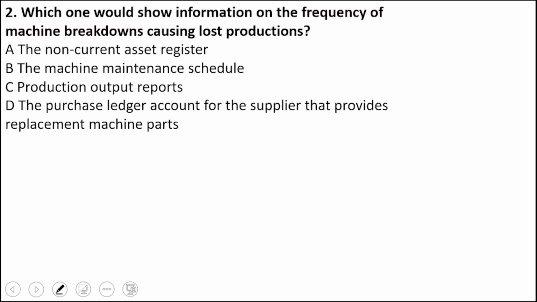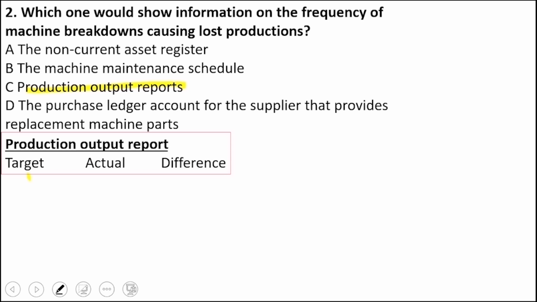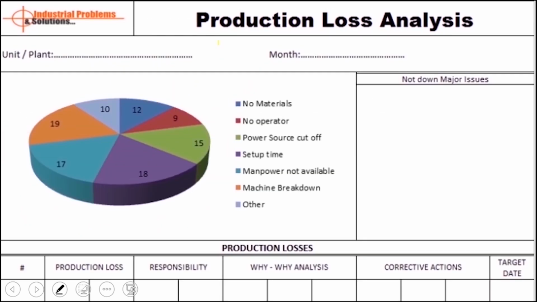Now moving to option C, production output reports. The typical information given in a production output report is there will be a target and they will give you the actual, and they will always show the difference between the targets and the actuals. And this difference is further analyzed into the production loss analysis.